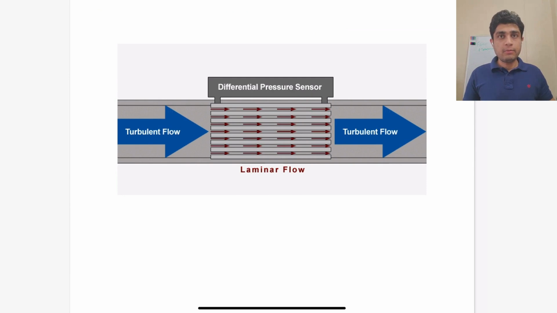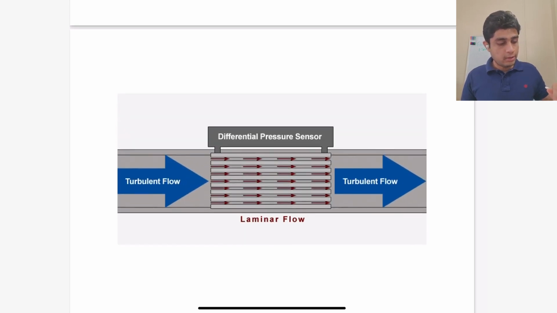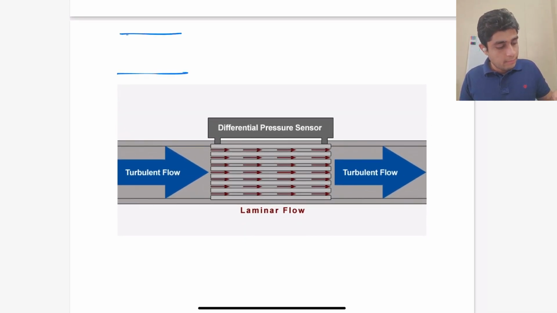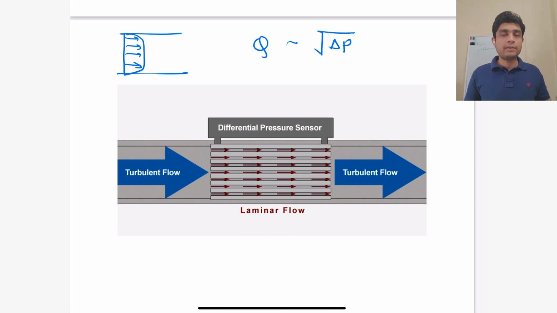In most flow meters, the flow is usually turbulent, so the velocity profile is kind of blunted and it is uniform because of the mixing that goes on in a turbulent flow. In all these cases, we found that the flow rate is related to the square root of the pressure difference. This is not a linear relationship, and let's say your flow rate reduces by 2 times, that means your pressure difference would reduce by 4 times.